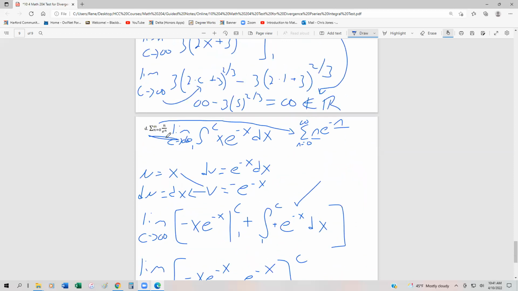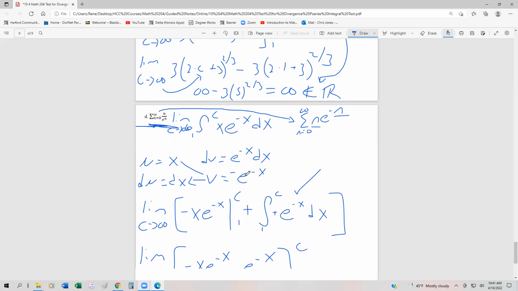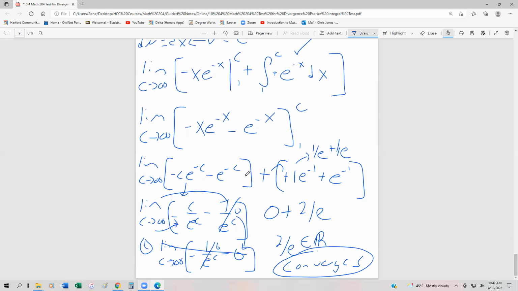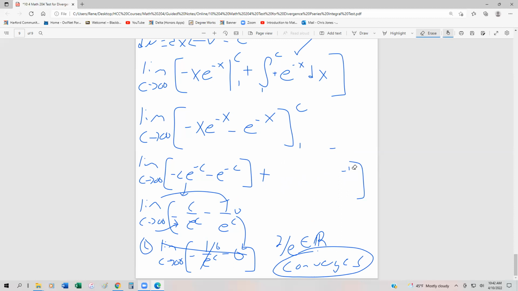Remember up here that the series converges. Now, note that it does not converge to 2 over e. That is not the sum of the series. Just to make sure that we're really clear on this, this is not the sum of the series, but it does converge to a value that's in the neighborhood of it.